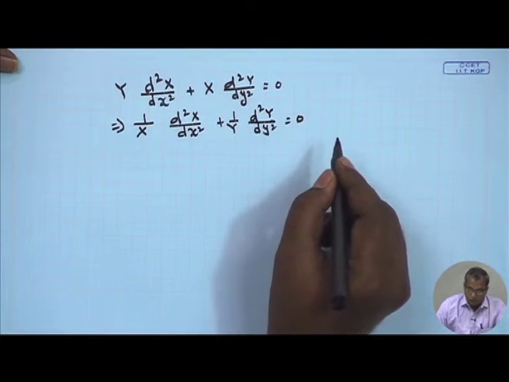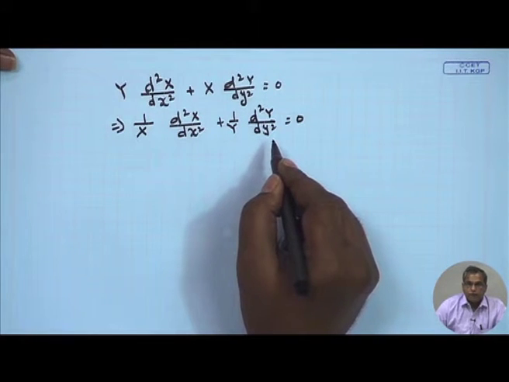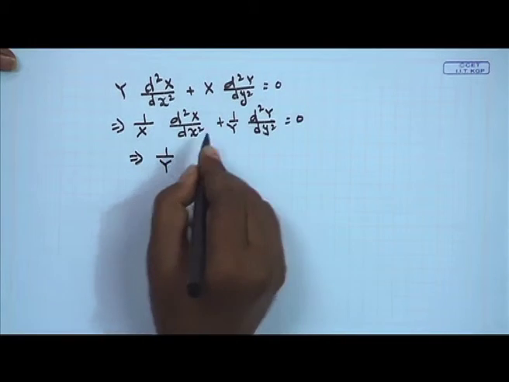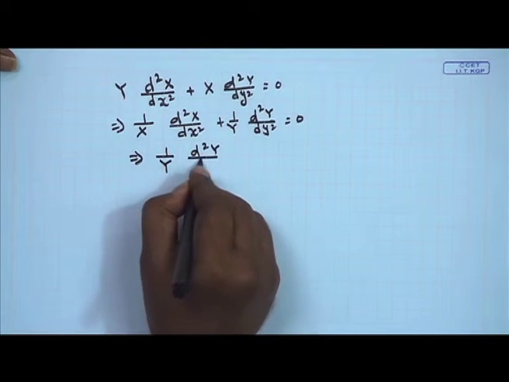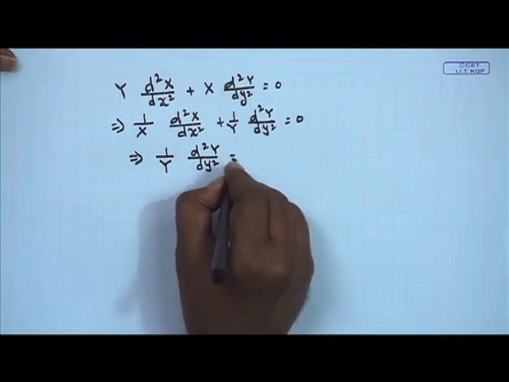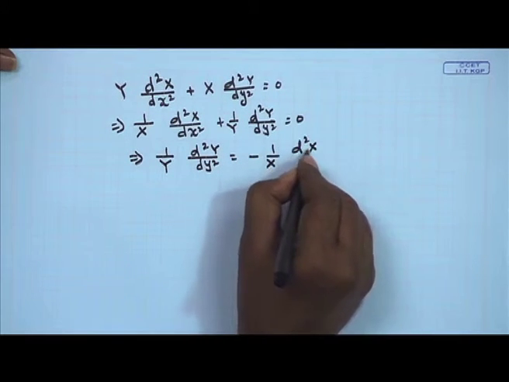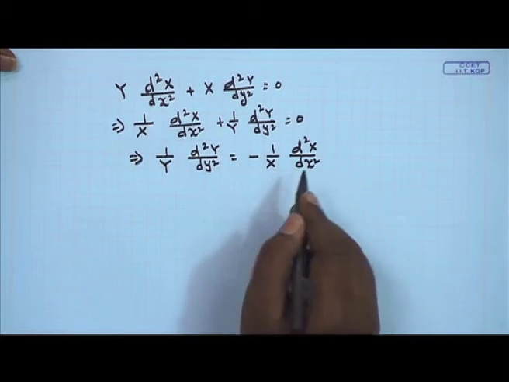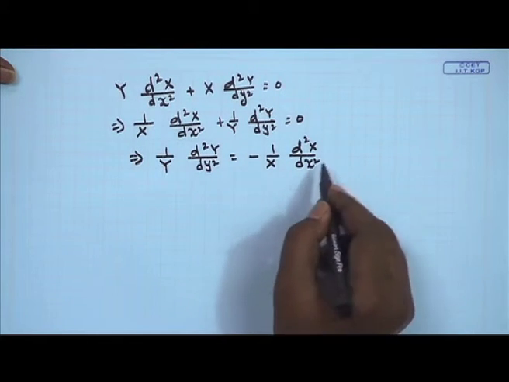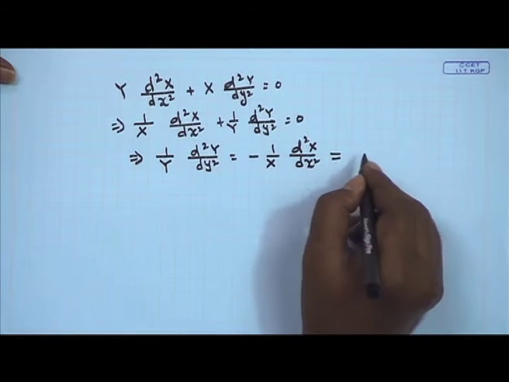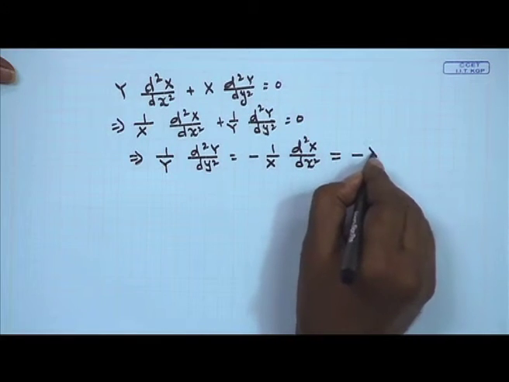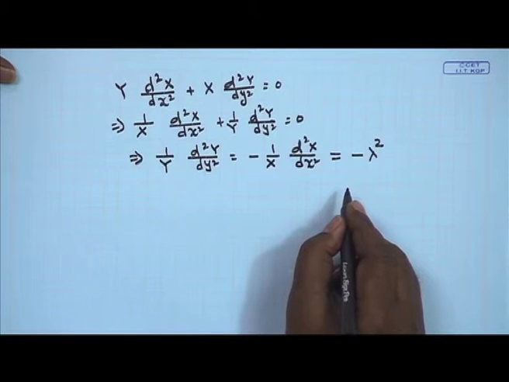We formulate a standard eigenvalue problem in the y direction, because the boundary conditions are homogeneous in that direction. So we write 1 over y d square y dy square equal to minus 1 over x d square x dx square. The left hand side is a function of y, the right hand side is a function of x alone. They will be equal to some constant, and this constant has to be a negative constant in order to have a non-trivial solution in the y direction.